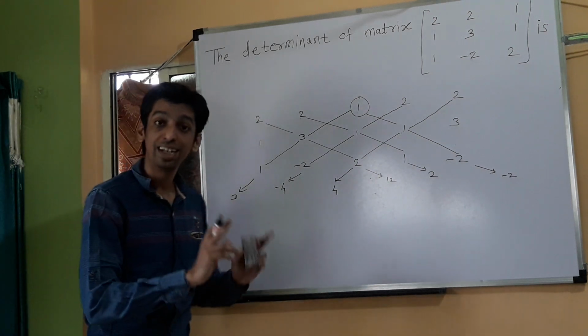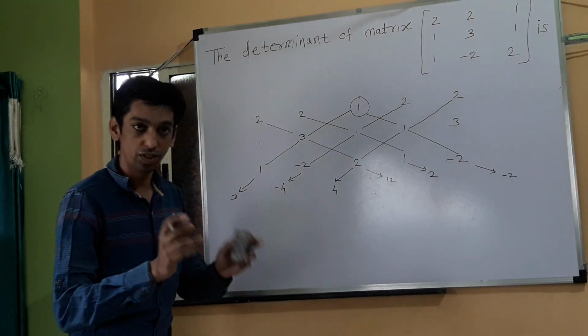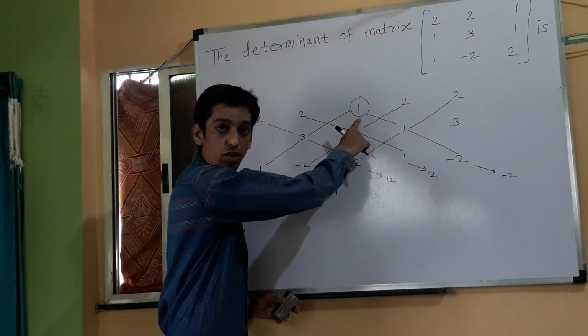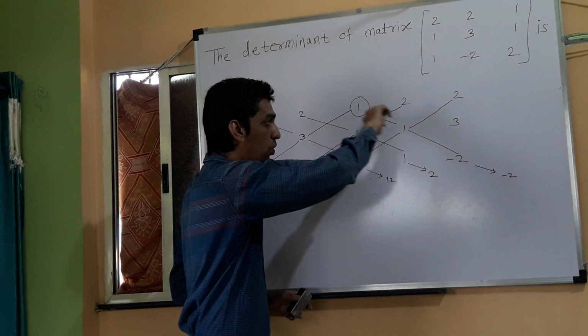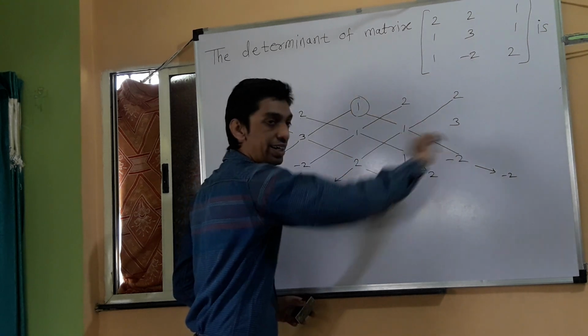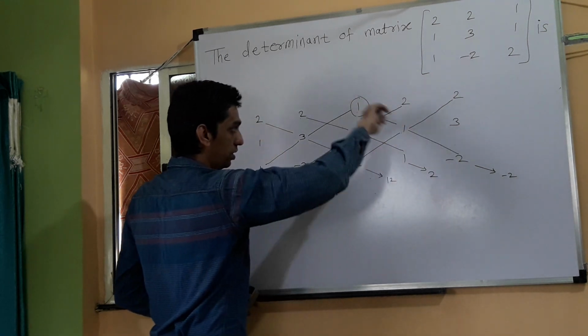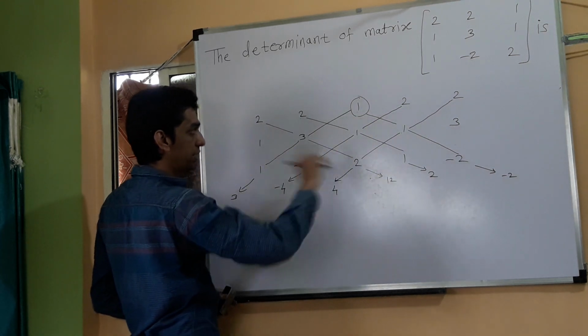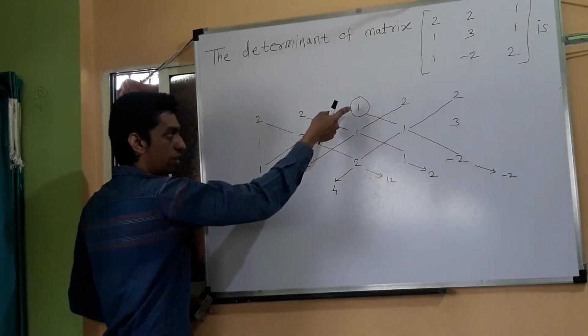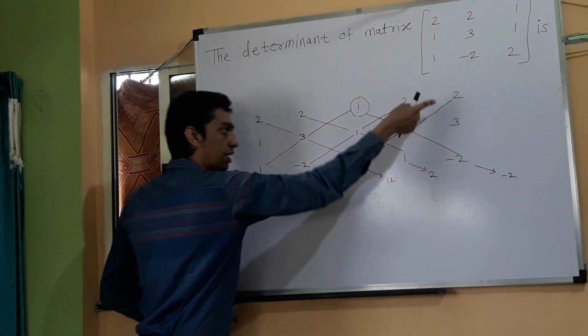That method is called the diagonal method. First of all we mark the center element of the first row, then from that center element we go to the right-hand side diagonally like this, and then to the left-hand side like this.